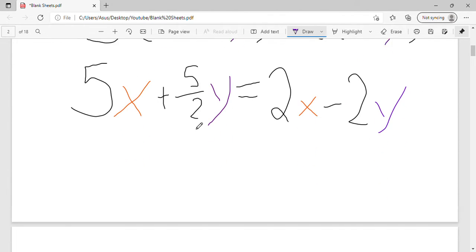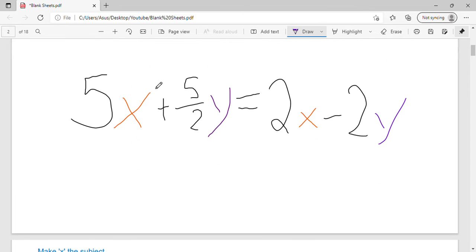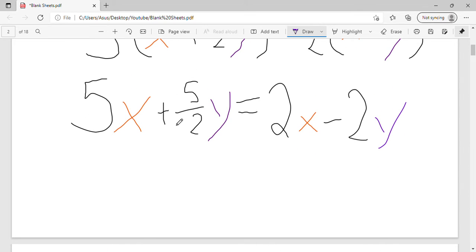Okay, now we have it here, so let's get all the x's on one side and all the y's on another side. So what's the best way to do this? Okay, I am going to minus this side by 5 over 2y. So minus 5 over 2y, minus 5 over 2y.